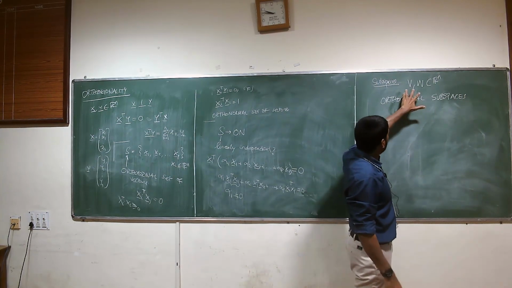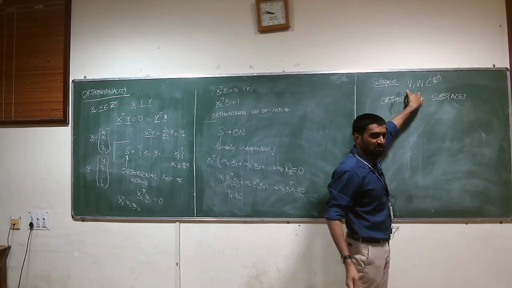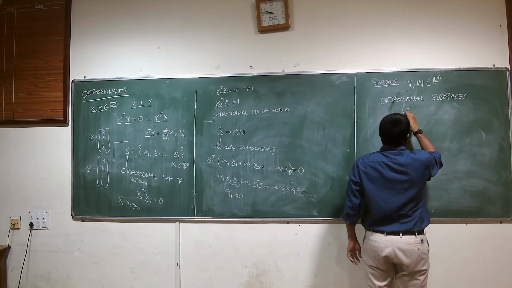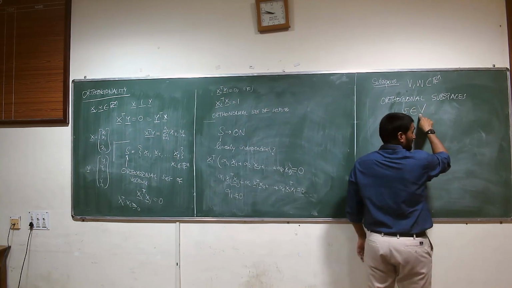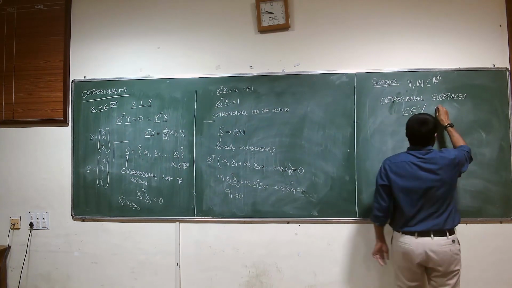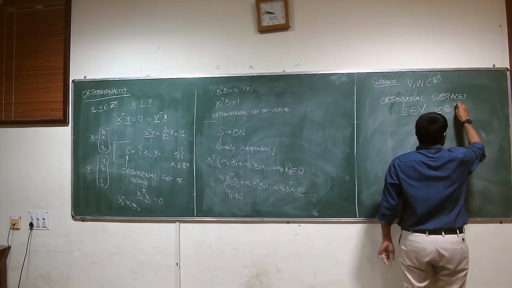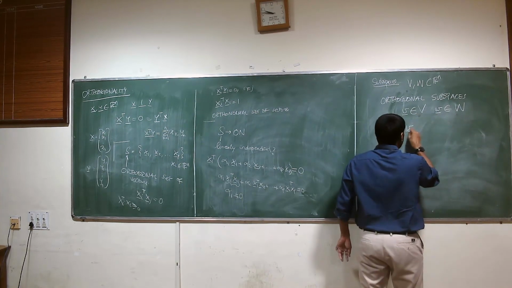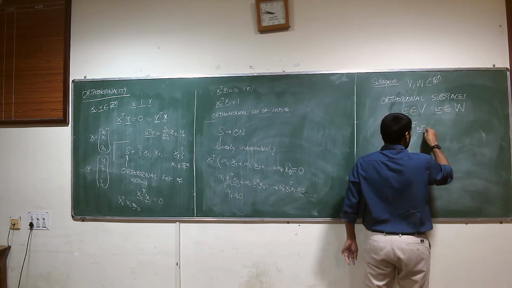You say two subspaces are orthogonal to each other if you take a vector V from the subspace capital V, and you take a vector W from the subspace W, and you take their inner product, and you get 0.